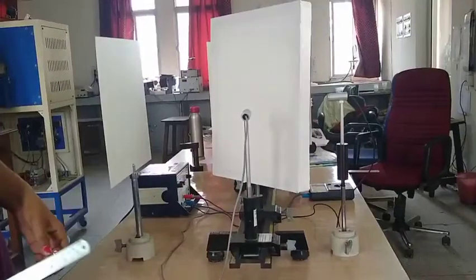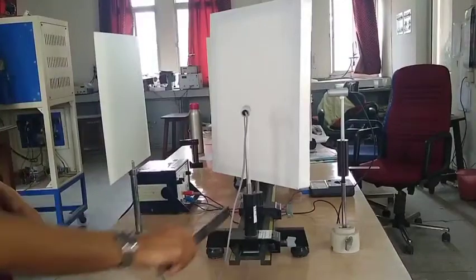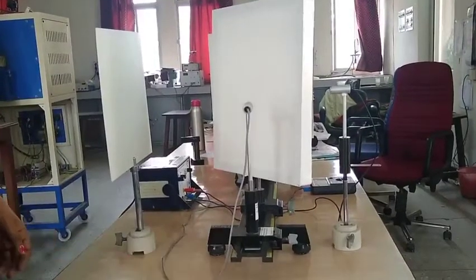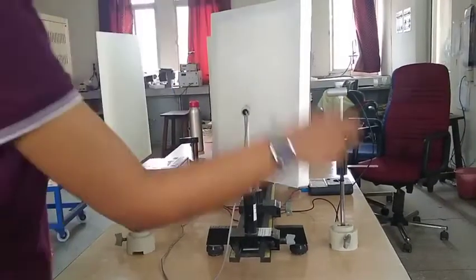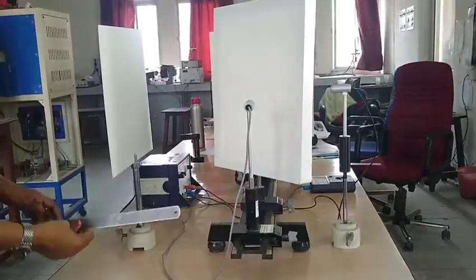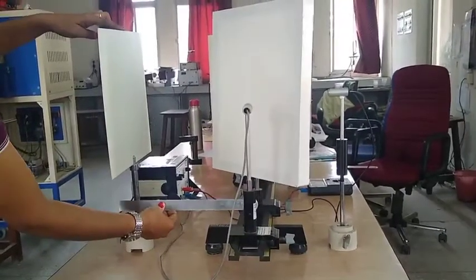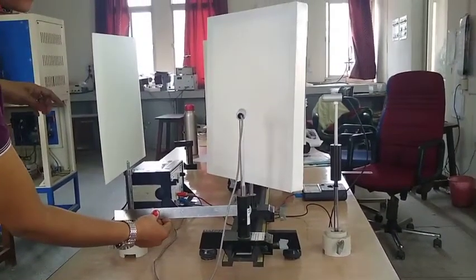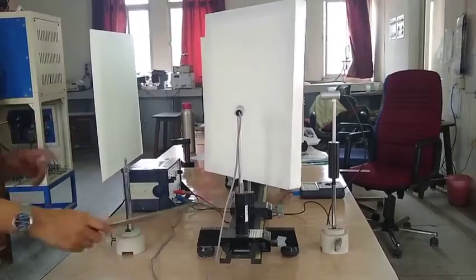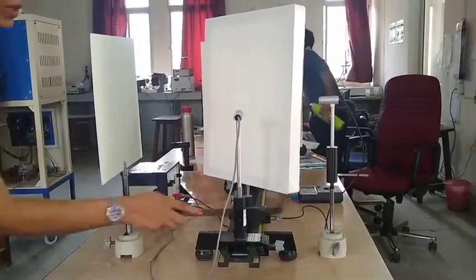Coming to the arrangement of the setup, this transmitter and the translucent screen are 20 cm from each other. This screen and the receiver are also 20 cm from each other. This translucent screen and the hard reflector are 30 cm distant from each other. We have to be very careful about the alignment. These three should be in line with each other.